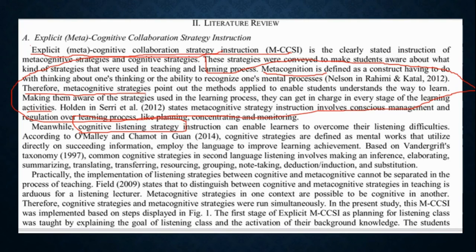Here are the researchers O'Malley and Chamot. In one, cognitive strategies are defined as mental work that utilizes. So the second paragraph is talking about other sources who mention the important things of cognition. The first one, the important aspect of metacognition, and the second one, the important aspect of cognitive listening strategy or cognition.